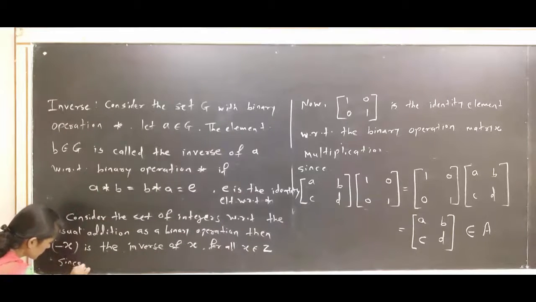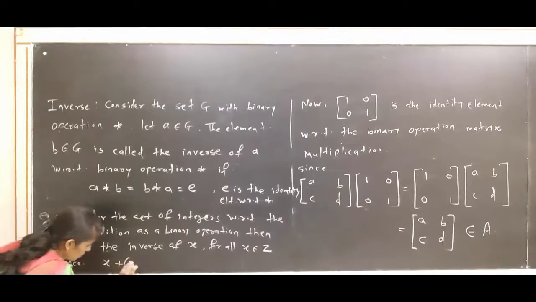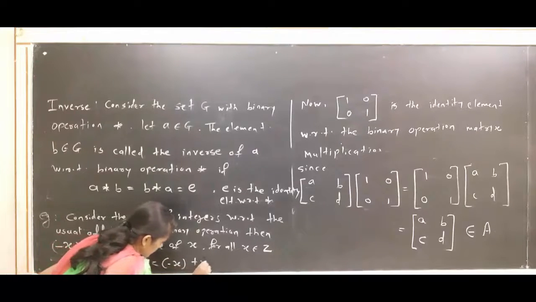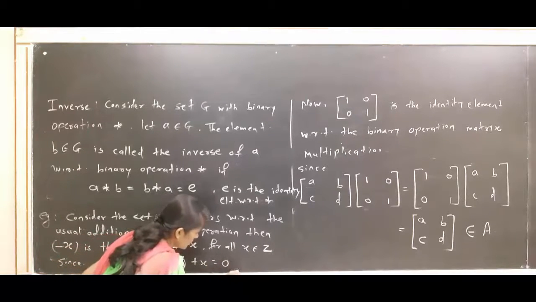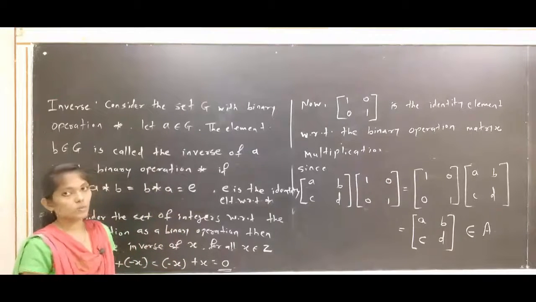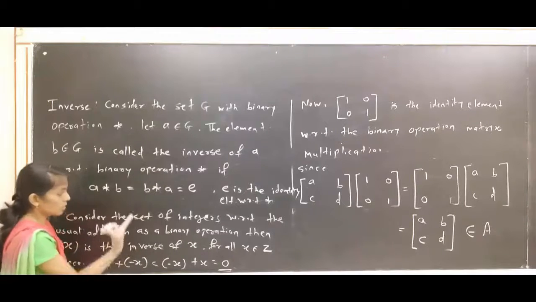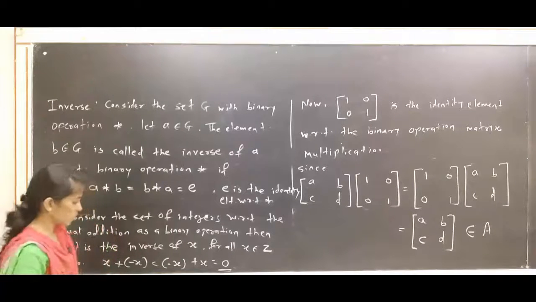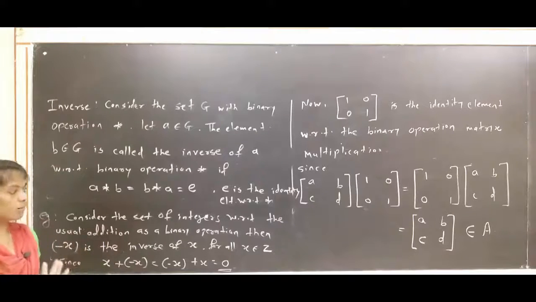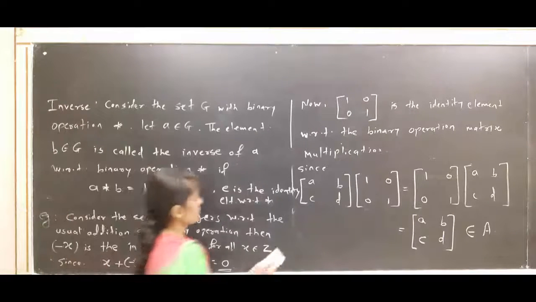Since x plus minus x is equals to minus x plus x is equals to 0, and here 0 is the identity element with respect to the addition on set of integers. Okay, so here minus x is the inverse of x, right?